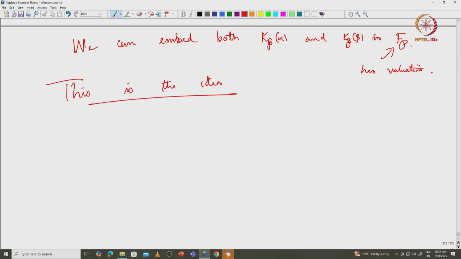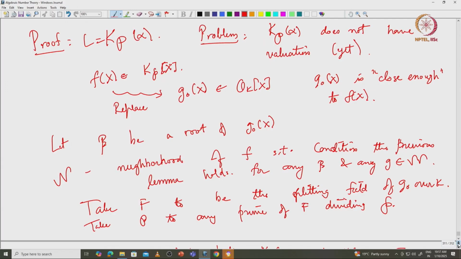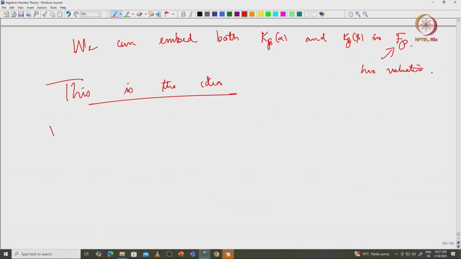First, I said a few things which really do not make sense unless my alpha is in O_P. So we may assume alpha belongs to O_P, that does not really change anything. Hence f of x is in O_P of x.